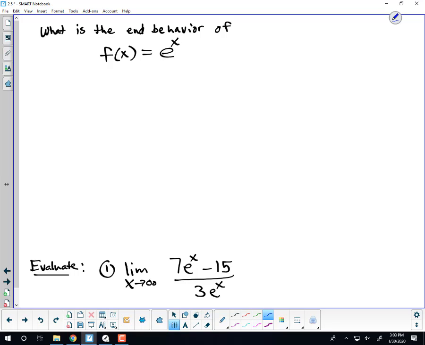What's the domain of exponential functions? They're positive. Right. 0 to infinity. Domain of exponential functions would be from negative infinity to infinity.